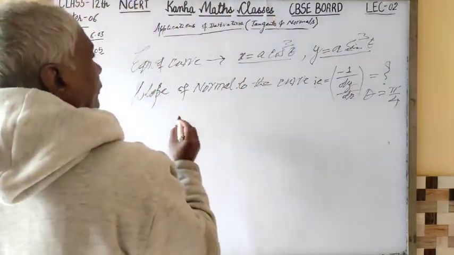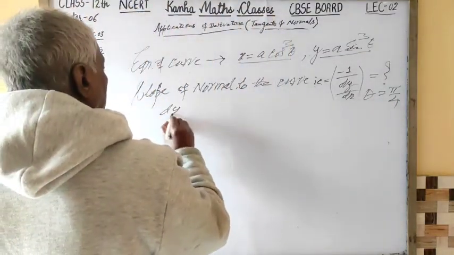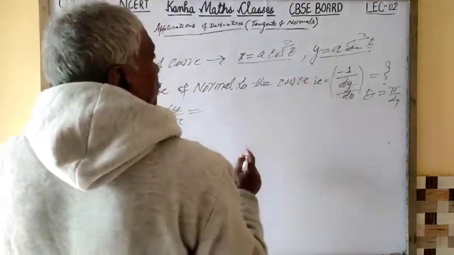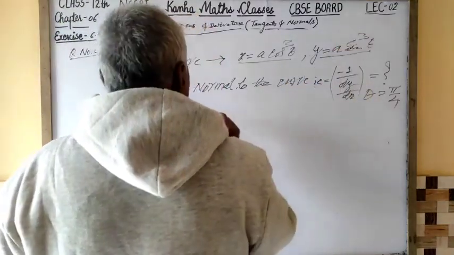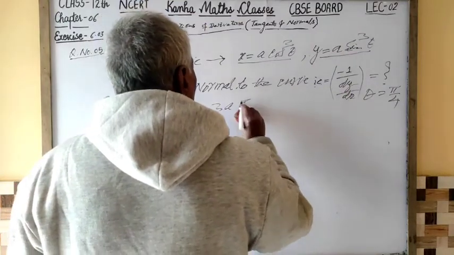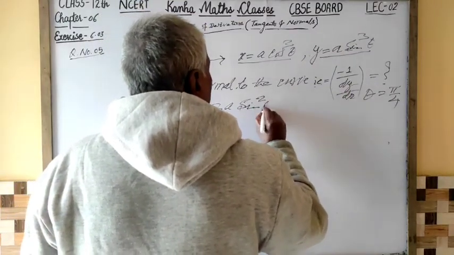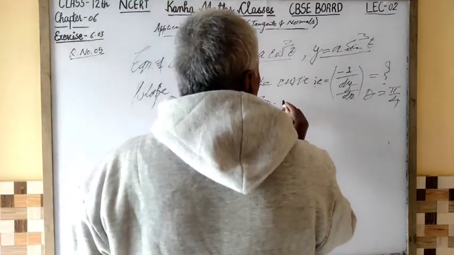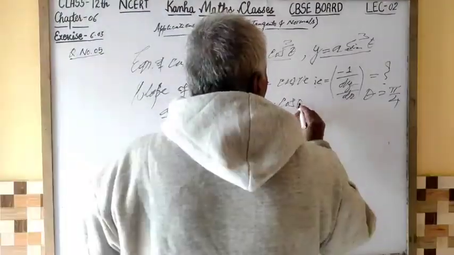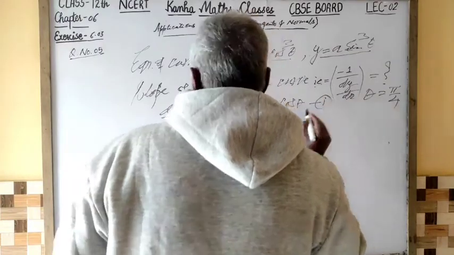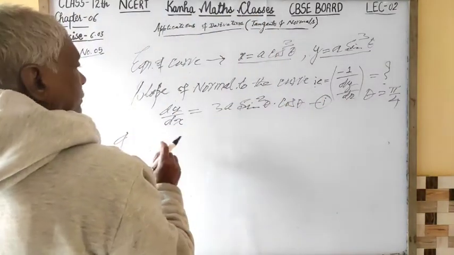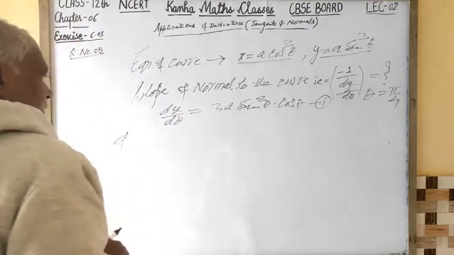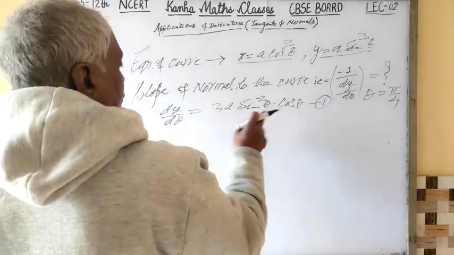Now dy by d theta is equal to 3a sin square theta into cos theta, because we have differentiated y with respect to theta.